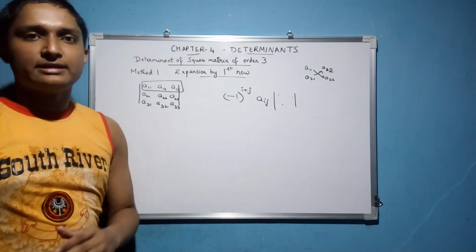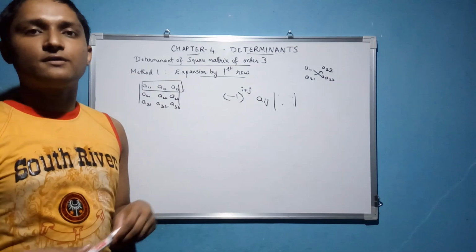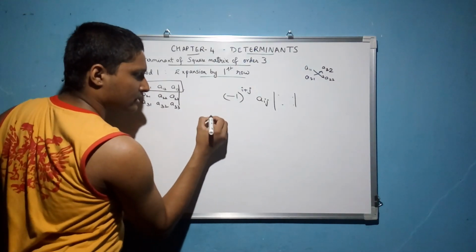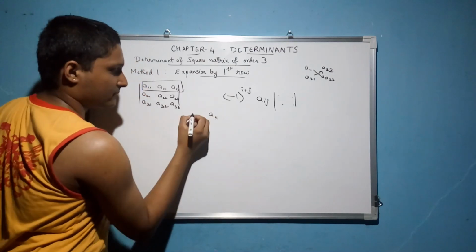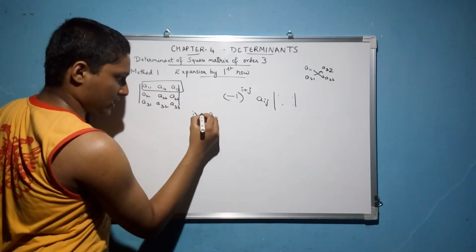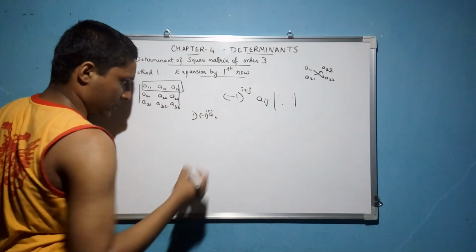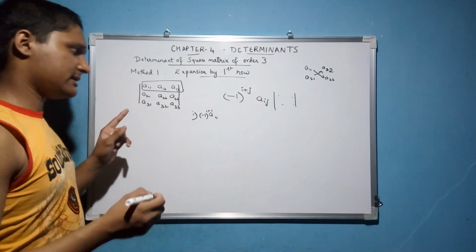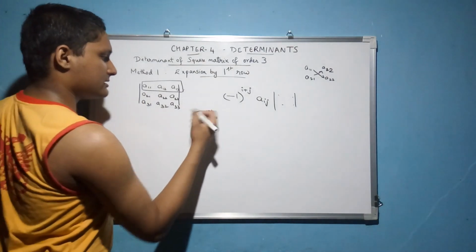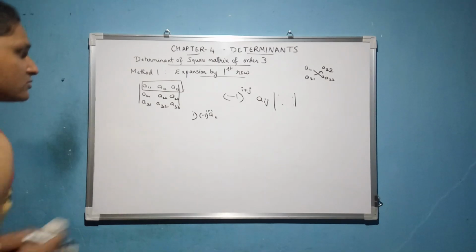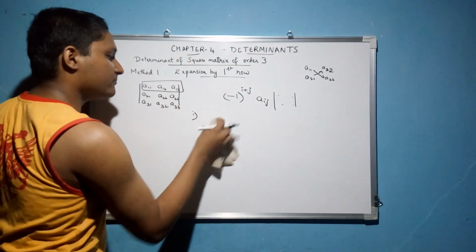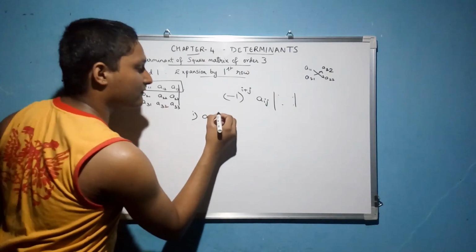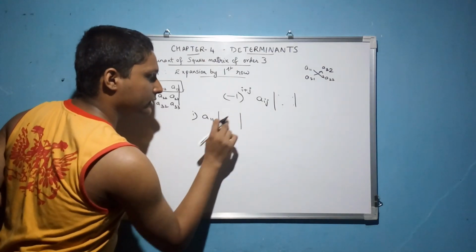So we'll take an example and explain how we are going to get the determinant of which part. Now we have A11. A11 is the first part of the sum. Minus 1 whole raised to 1 plus 1. 1 plus 1 is 2. So minus 1 whole square is going to be 1 itself, so we can just leave that off. So it is going to be A11 only. Then you have a determinant of order 2 here.